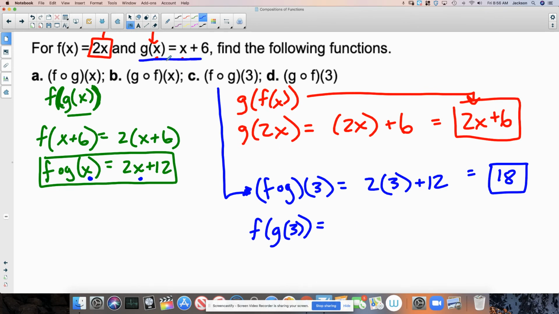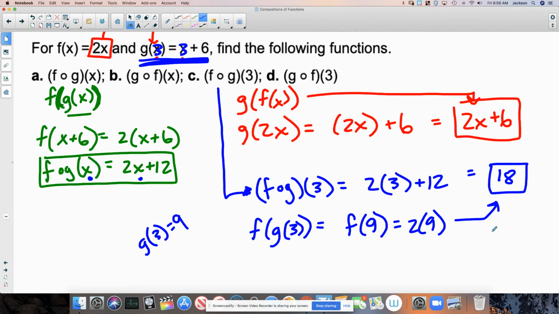If this is the function g of x, and I plug a 3 here, I know that g of 3 is equal to 9 because 3 plus 6 is 9. That means 9 is now the input into f. And now I'm just using the old function f, so I take 2 times 9, which is 18. So I get the same answer.